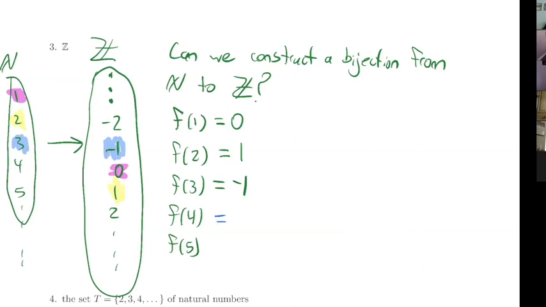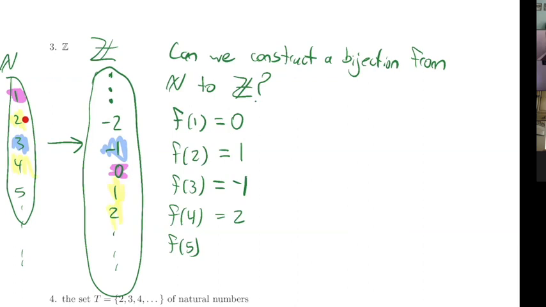And now we can take f of 4 and let's map that to 2. Okay, so we started off with f of 1 and we're going to map that over to 0.